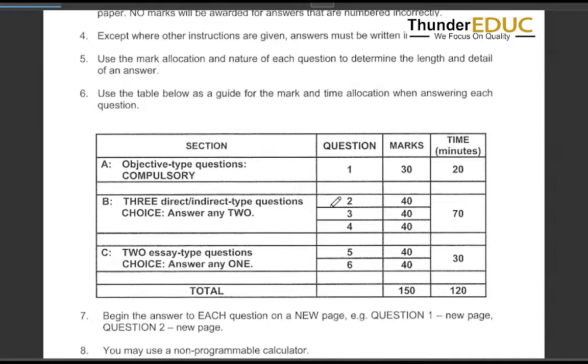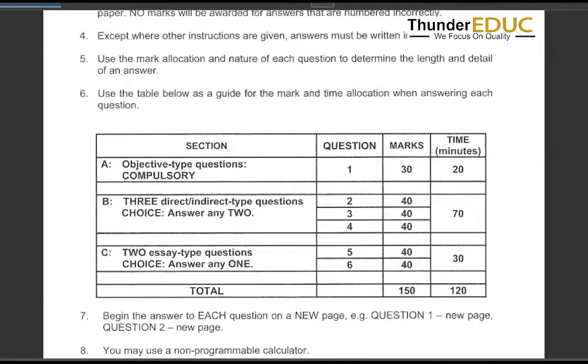So on each question, you're expected to spend 40 minutes maximum. So now the last one, we have section C, where it contains 2 questions, which is 5 and 6. In the same manner, you're expected to spend 30 minutes. With 40 marks, and also section B, 40 marks, which is 80 for section B and 30 for section A. And lastly for section C, it's 40. All in all, it sums up to 150.